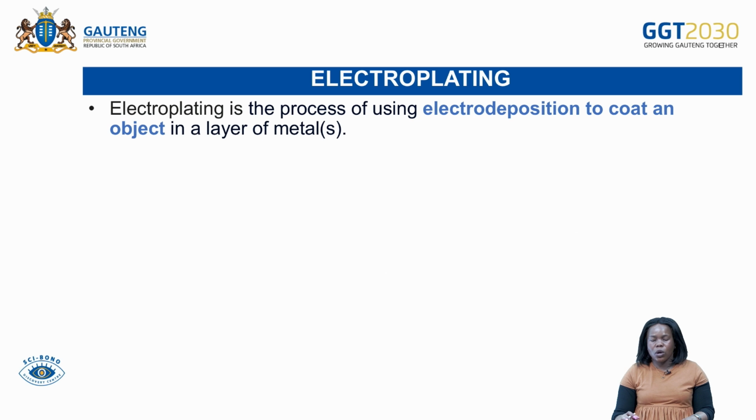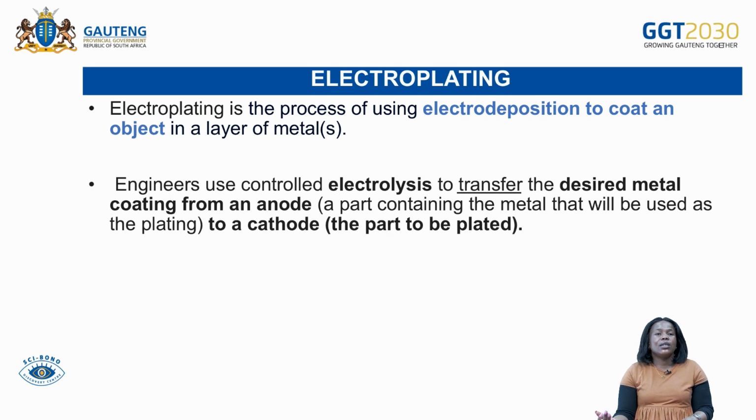So now engineers use controlled electrolysis to transfer the desired metal coating from an anode to a cathode. That is why it is very important that you understand why on the anode side, the metal is placed that is supposed to coat that particular object, and on the cathode side, the object that is supposed to be coated by this metal is put there.